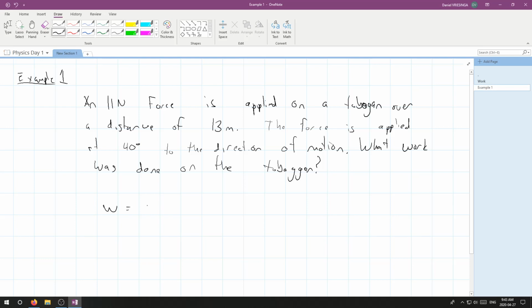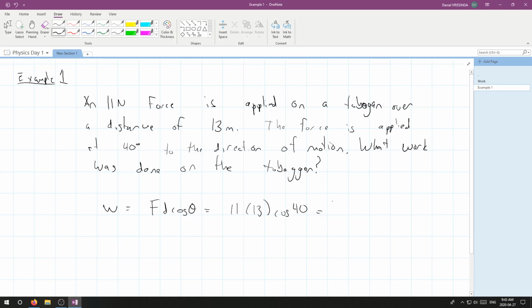Instead of using force and acceleration and time, if we just use energy, we don't have to worry about vectors at all. It makes our life a little bit easier. So what's our force? Our force times our distance times the cosine of our angle. Force was 11 newtons, distance is 13. Yeah, you get the idea. There you go. Fill in the answer there.